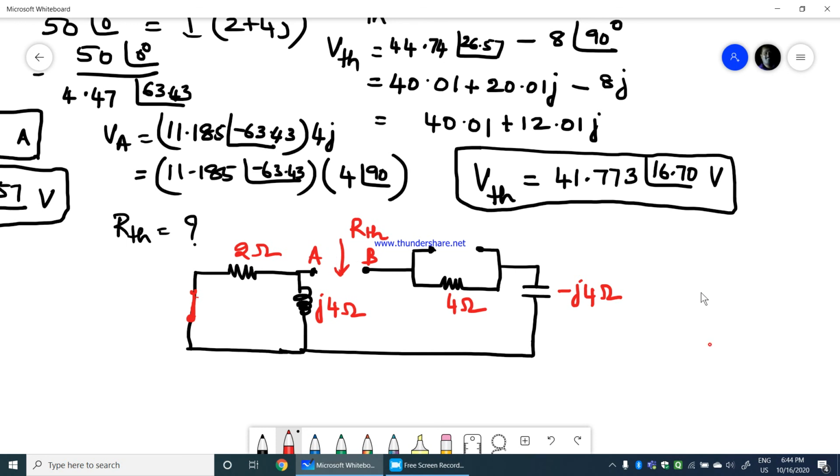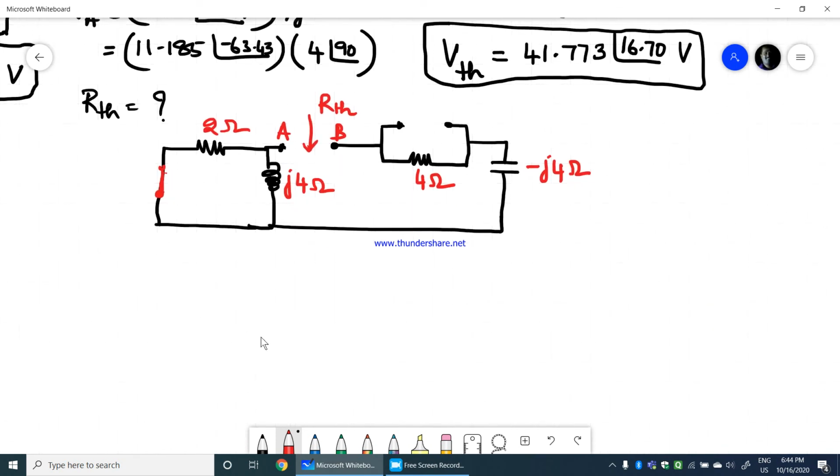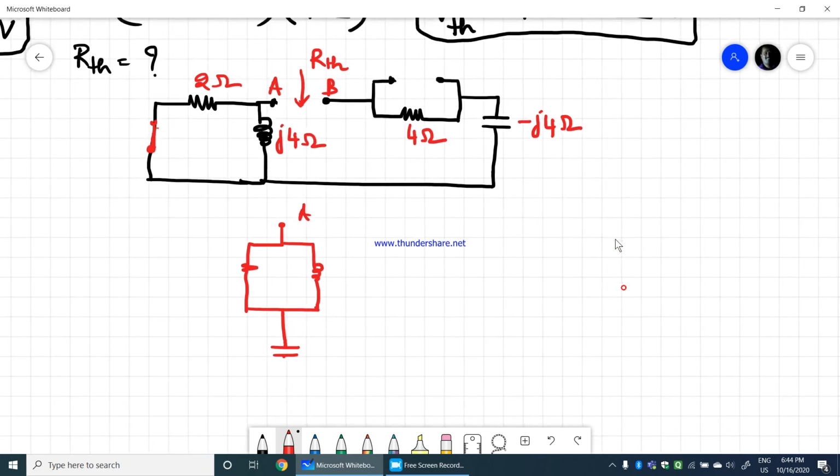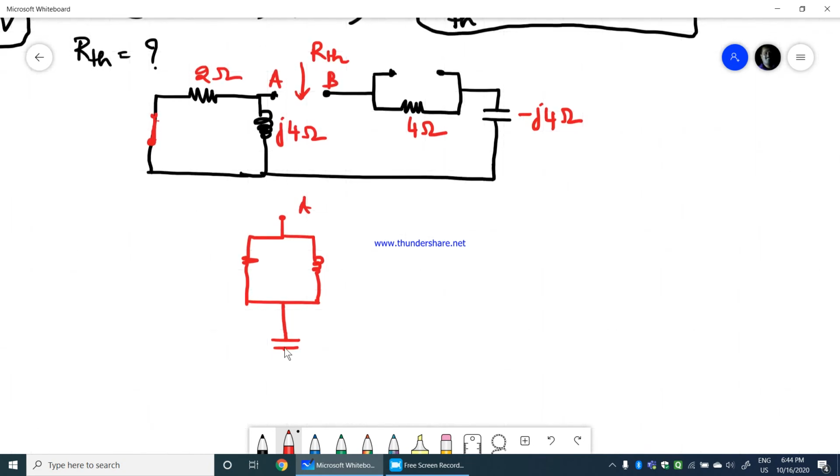Okay, so if I write this in a different way, the circuit can be written as: this is A, this is resistance, inductance J4, and this is connected to a capacitor, and that capacitor is in series with 4 ohms, and this is B. So this is 4 ohms, minus J4 ohms, this is J4 ohms, this is 2 ohms.